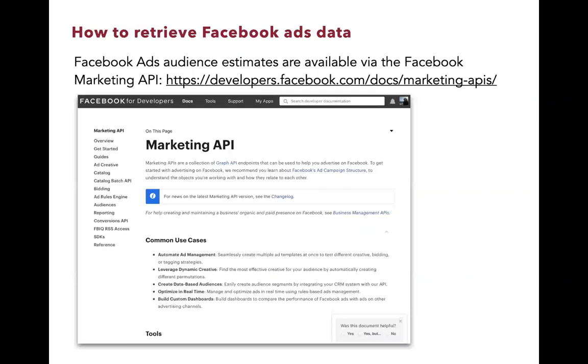So now in this sort of mini tutorial, we'll see in practice how to retrieve the audience estimates from Facebook advertising for your research purposes. And this is possible via the Facebook Marketing API, which, among other services, allows to get the total audience size of specific target populations on Facebook.